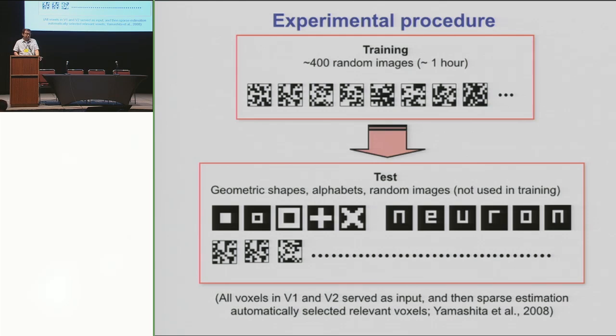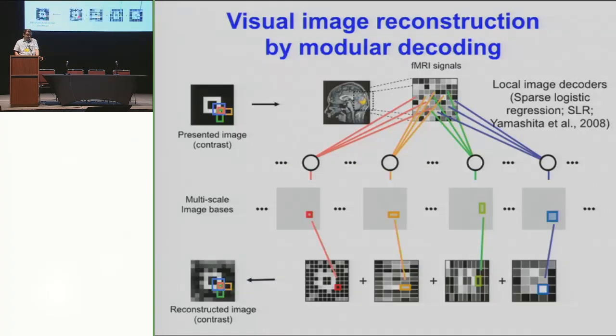And to test this, we showed these images and independent random images. We just gave the decoder the whole visual cortex voxels and let the computer select appropriate voxels and determine weights.